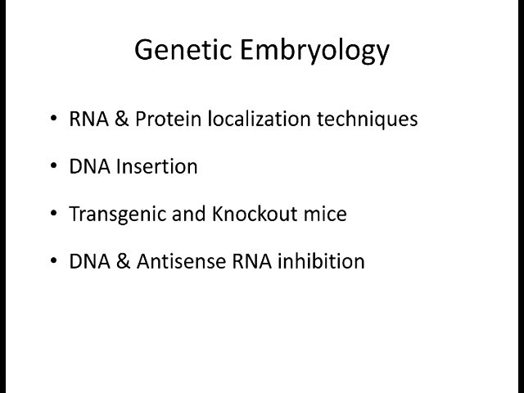Now, if we want to permanently modify a cell, then we can insert DNA into that. This is when we can add genetics. Now, again, when adding genetics, it doesn't necessarily mean that we're going to alter anything. In fact, sometimes the most common DNA that we insert is just GFP. We just insert some type of protein that fluoresces, that is a transgene from another organism, a jellyfish or whatnot.